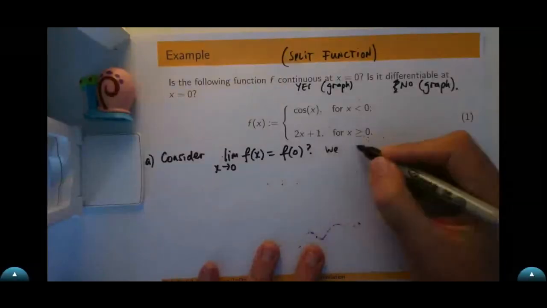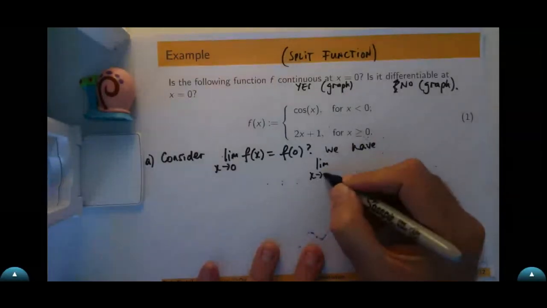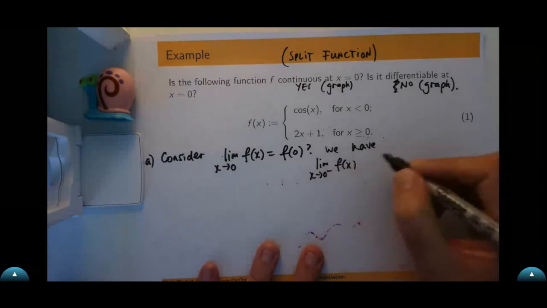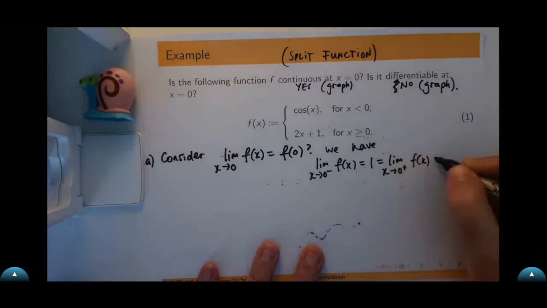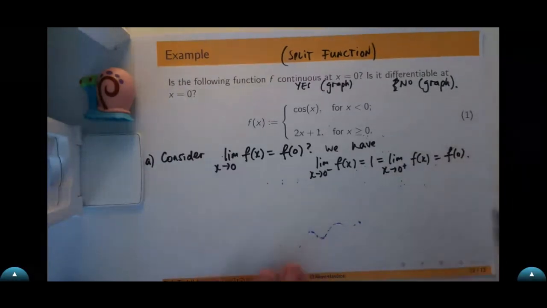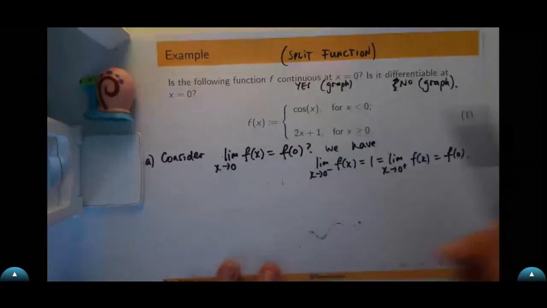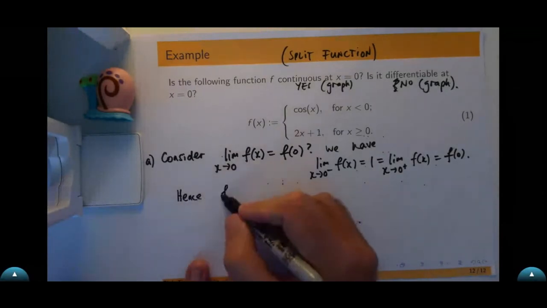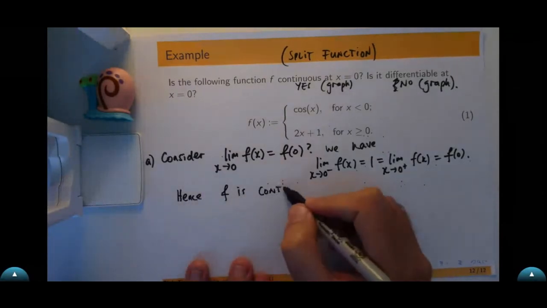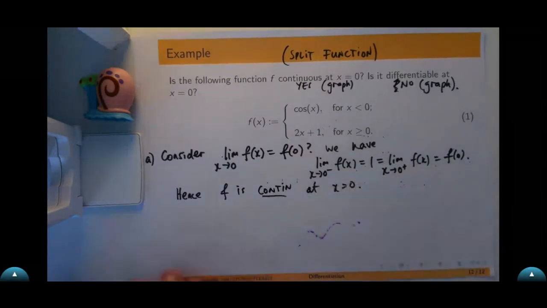So the left-hand limit equals the right-hand limit equals f of 0. This joint value is that, and this is also the same value. So it is continuous at x equals 0.